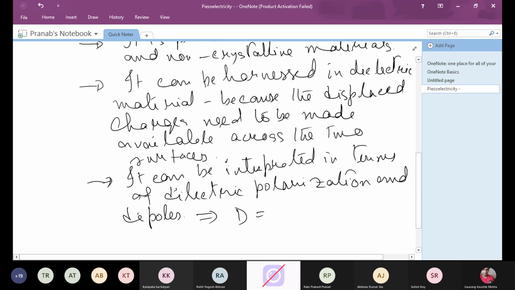So D equal to epsilon E plus P, where epsilon naught or epsilon is the permittivity.